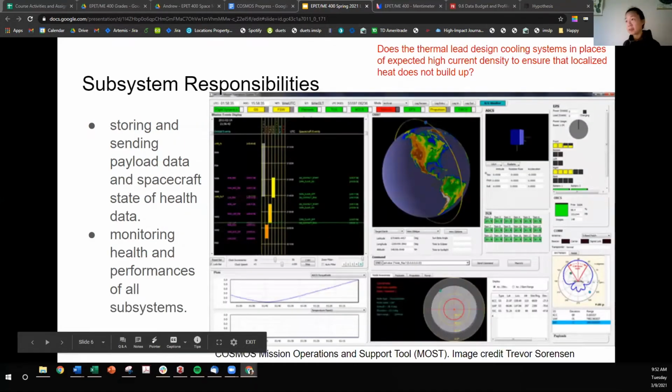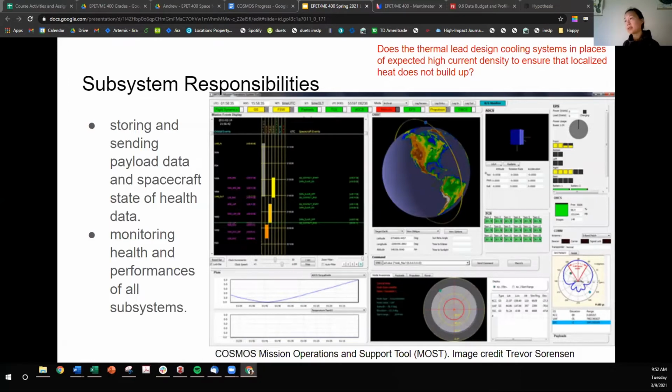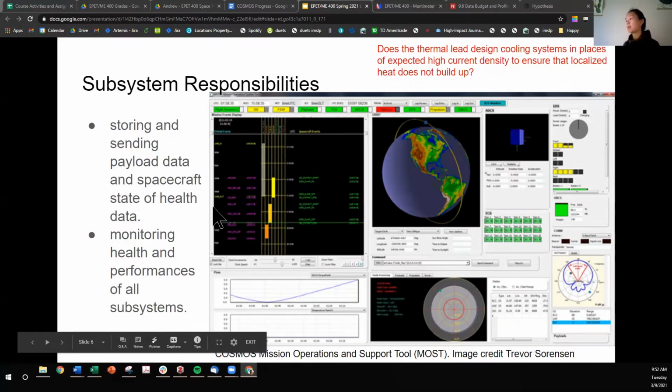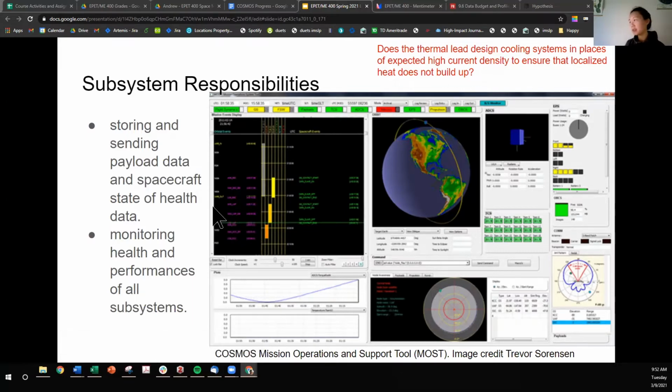Another subsystem responsibility is to store and send payload data and spacecraft state of health data. And along those lines, we'd also like to monitor the health and performance of all subsystems. So here you'll see a COSMOS mission operations and support tool where we have a graphic user interface displaying a lot of subsystem data. So in the top left, we have mission events that are coming through time.